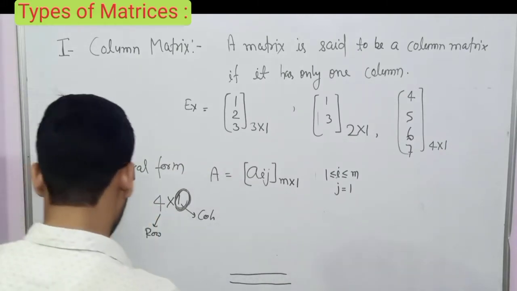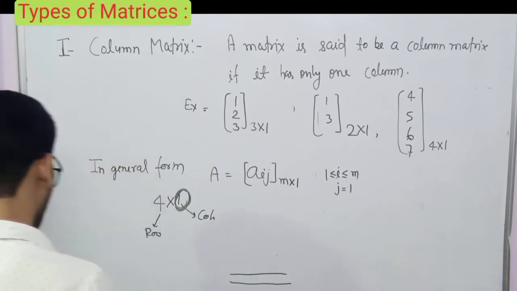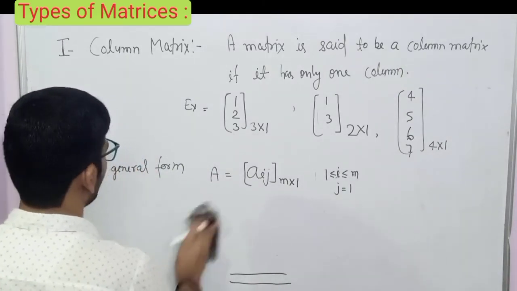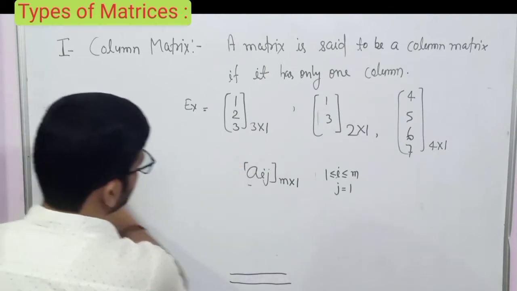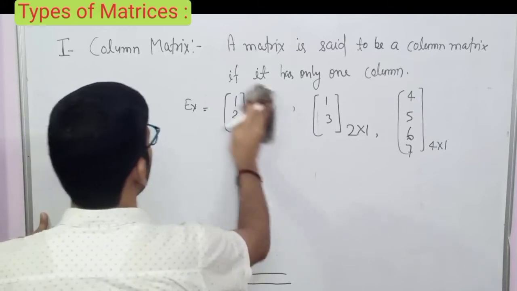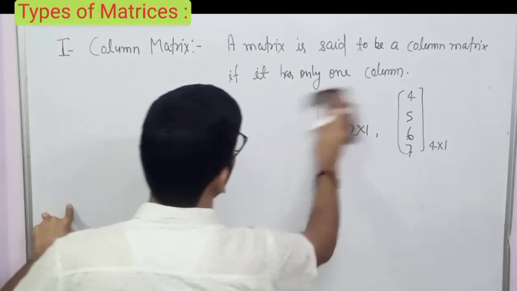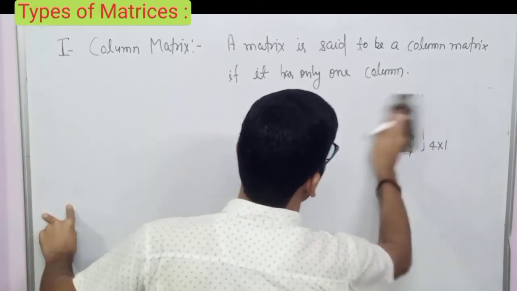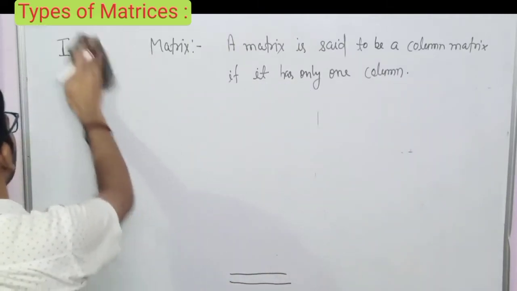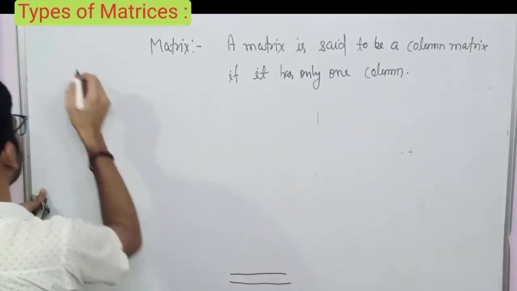Okay. Now next topic is row matrix. So here we change some words, and this is the definition of row matrix. Second is row matrix.